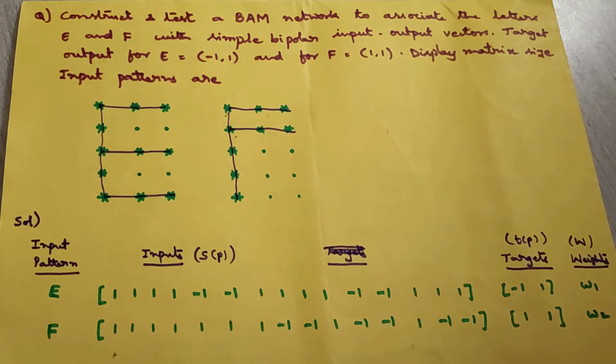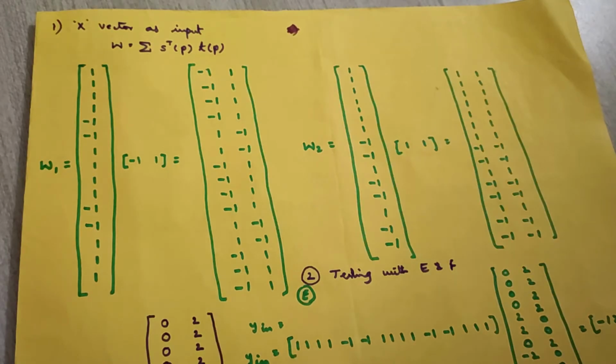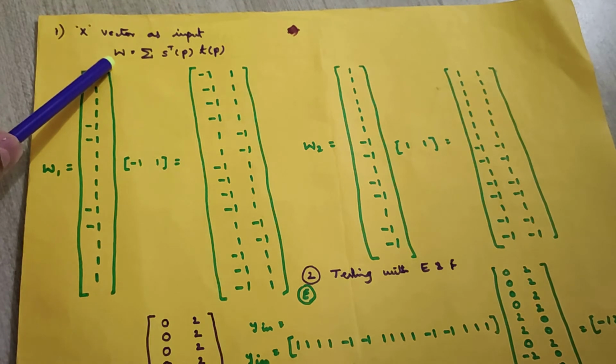So let us go ahead with finding the weight matrix, and that can also be called training the BAM network. In this way we need to train our BAM network. Training means we need to obtain our weight matrix.